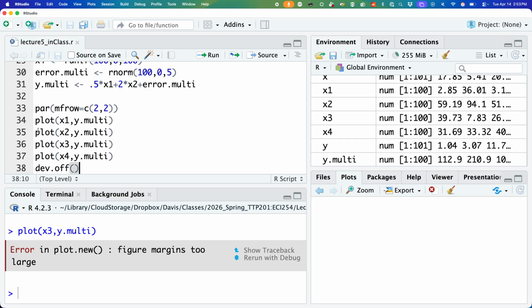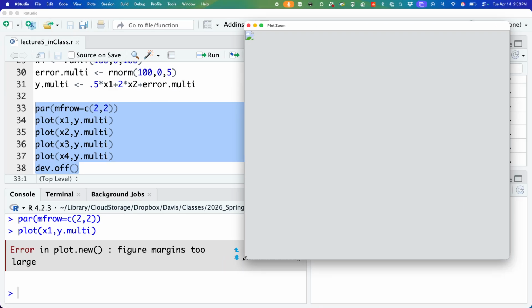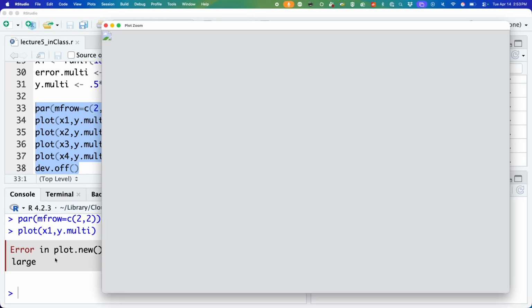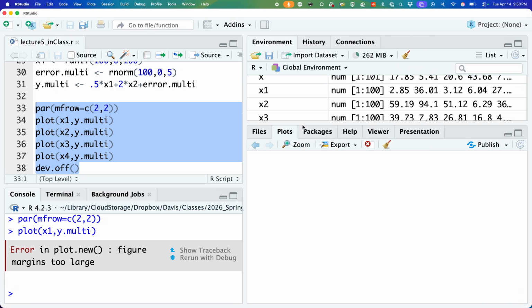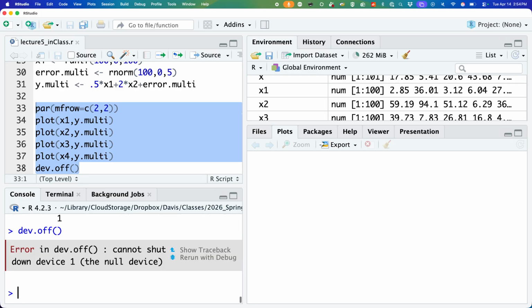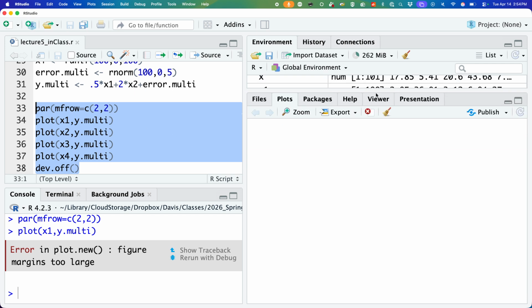Hang on. I need to change the size of this. No. Okay, one second.